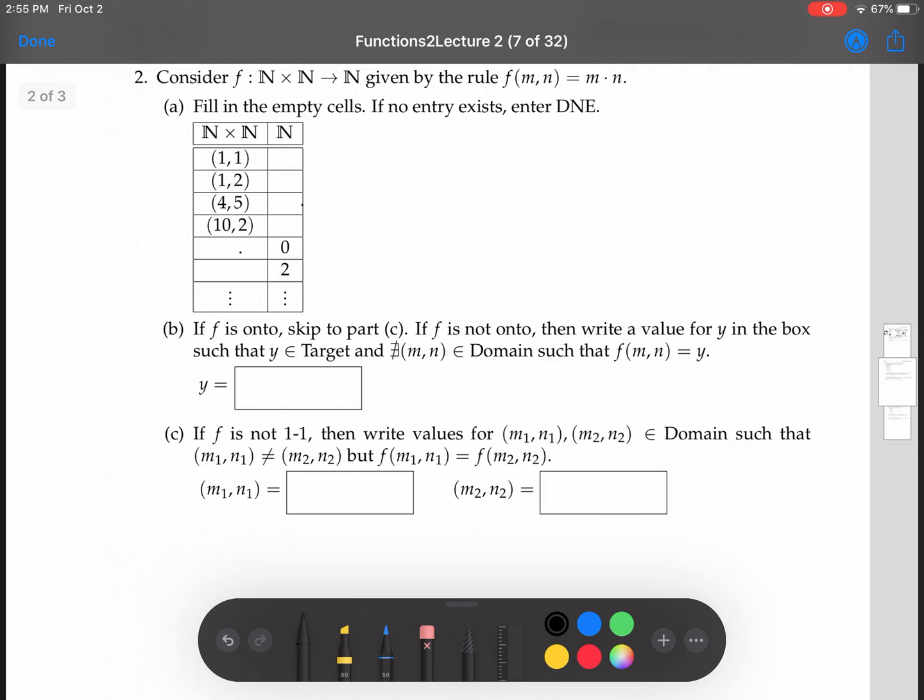All right, so first let's fill in the table. Our rule is f of (m, n) equals m times n.